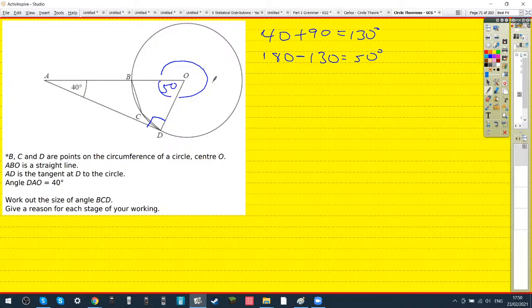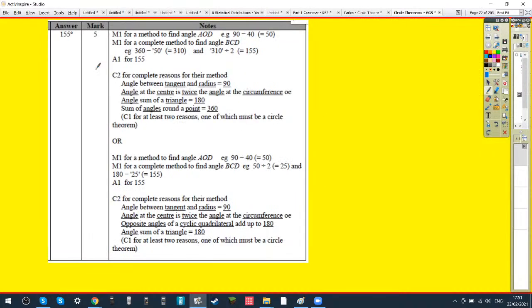No, it's half of the angle around O. So it's half of 310. So 310 divided by 2 is 155. That's 155 degrees. There we go. Great. Well done.